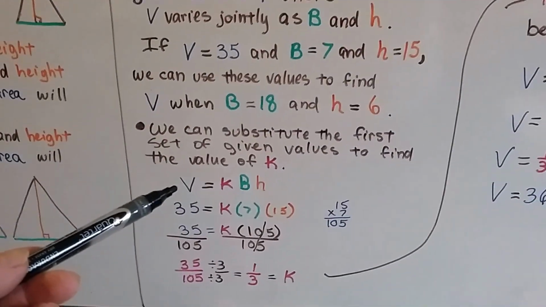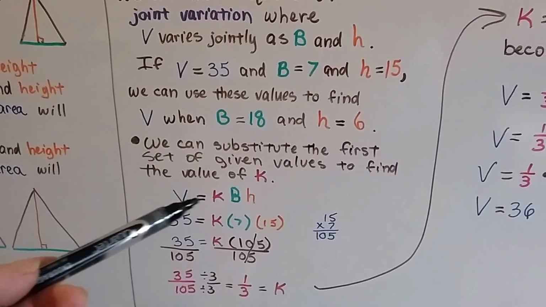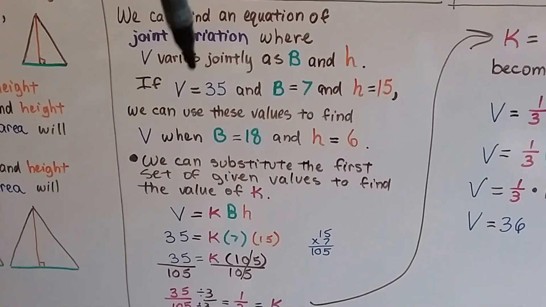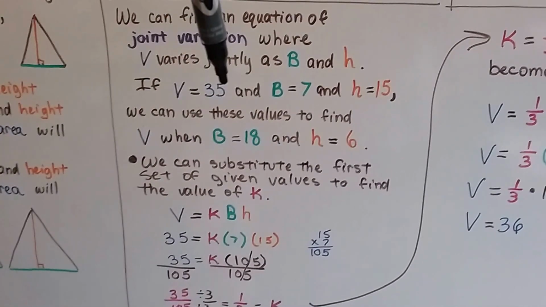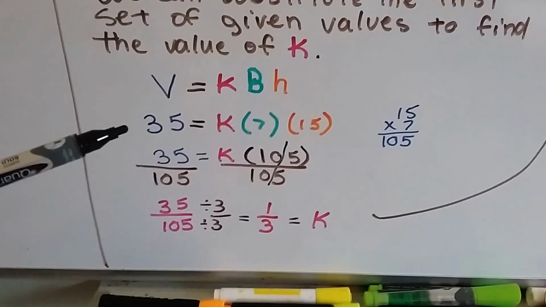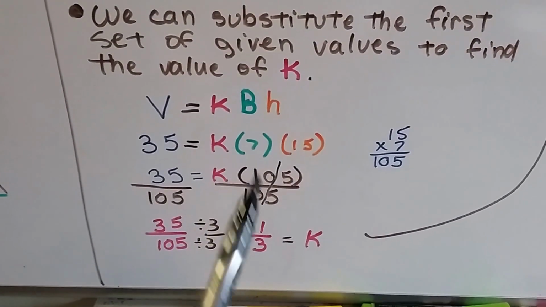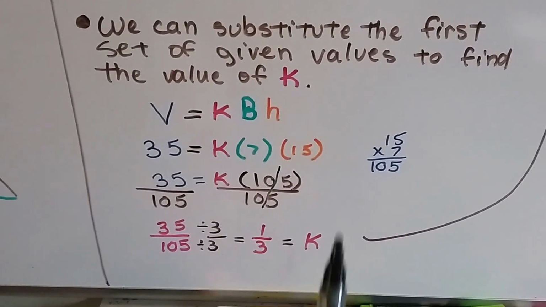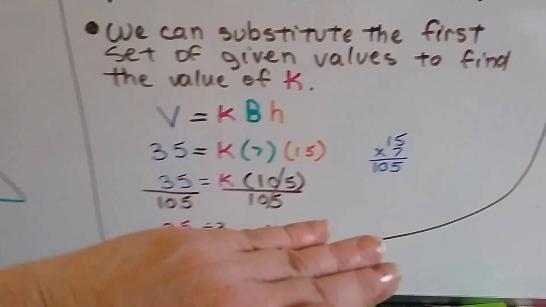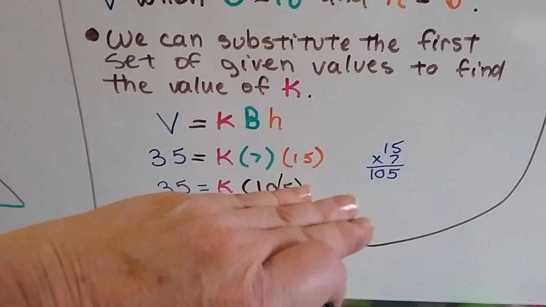So we substitute the first set of given values to find the value of K. Here's our equation of joint variation. V equals K, the constant, times B times H. Well, in this one, we've got 35, 7, and 15. And plug those in to find K. Well, 7 times 15 is 105. So now we've got 35 equals K times 105.